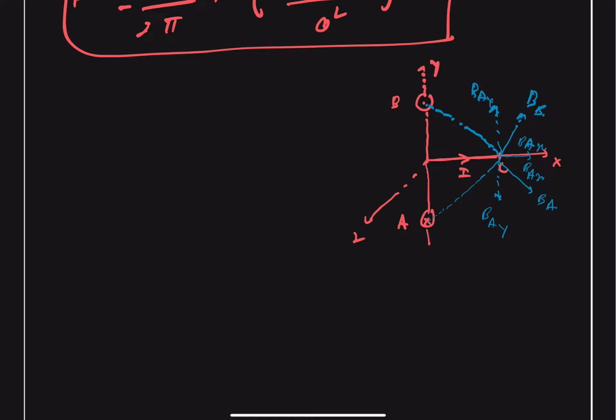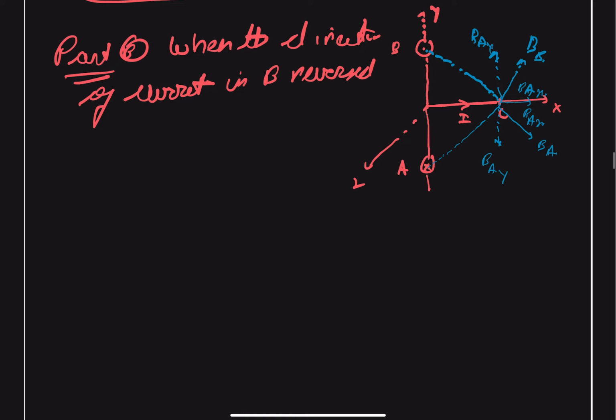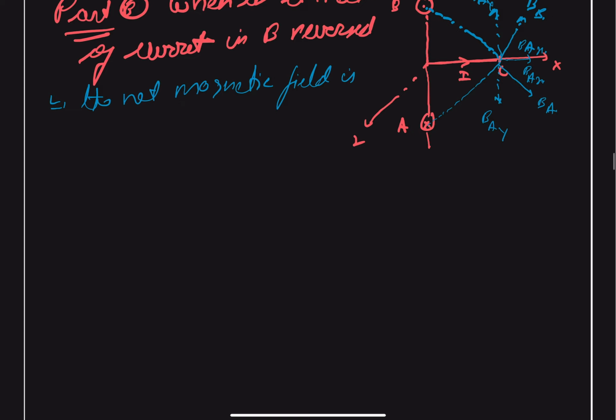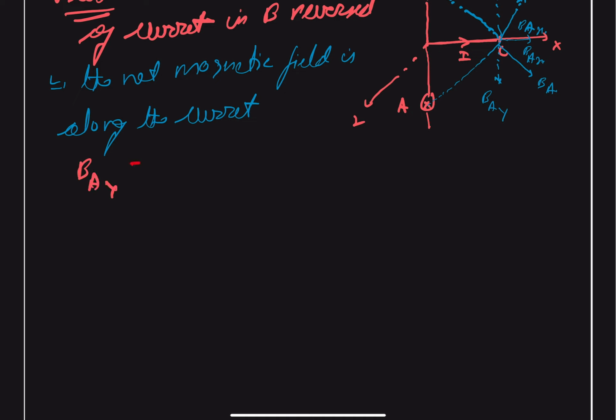So in part B, when the direction of current in B is reversed, the net magnetic field is along the current. Therefore, along the current means here our BAY will be equal to BBY.